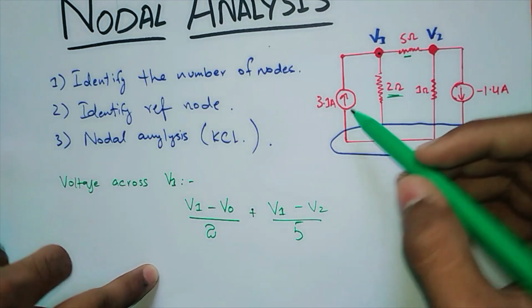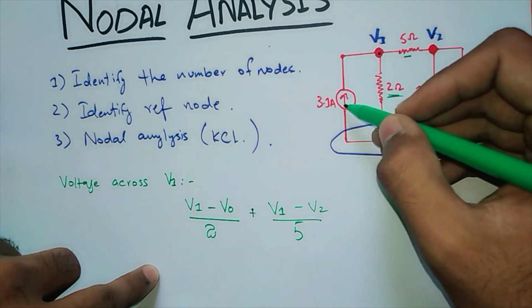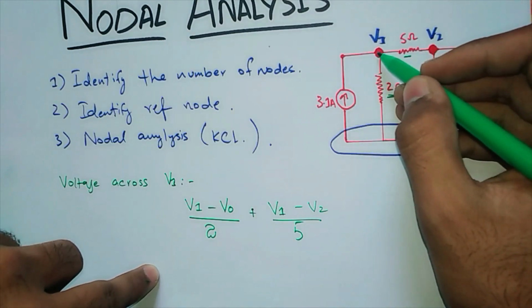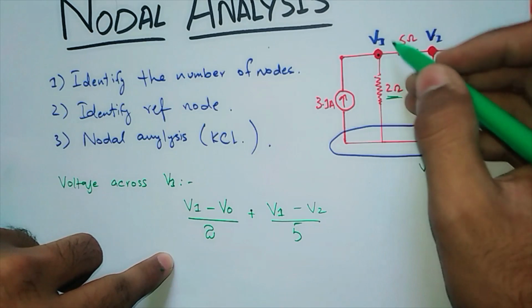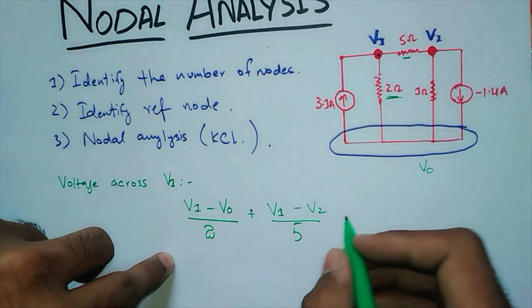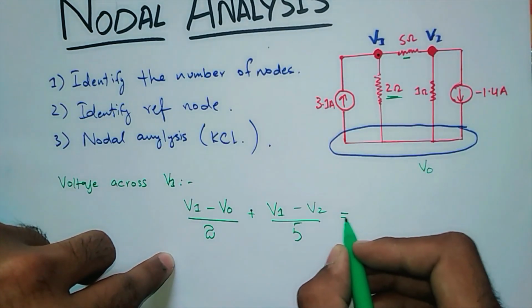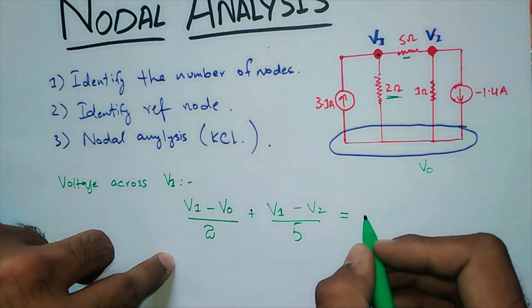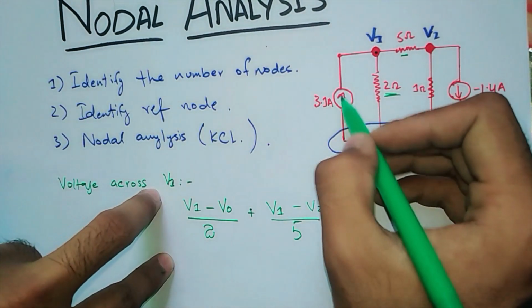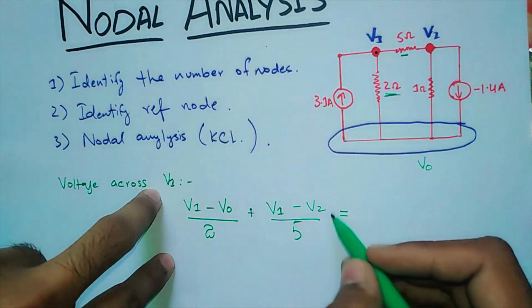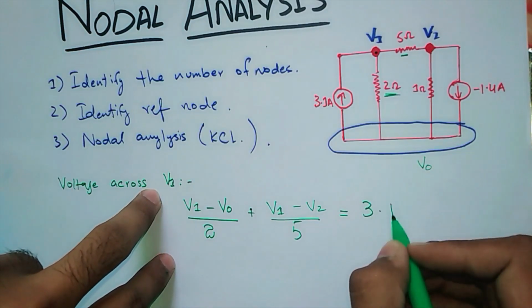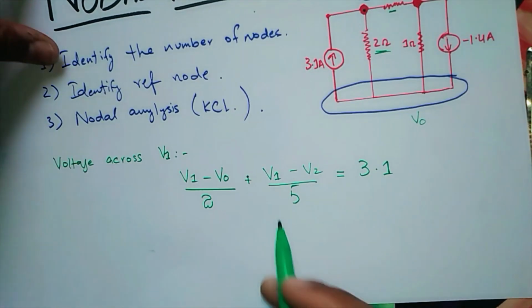And see, the current of the battery is coming towards the node. If the current of the battery is coming towards the node, it is taken as positive at the other side of the equal sign. The arrow is upward towards the node, so we will write it as 3.1 ampere.